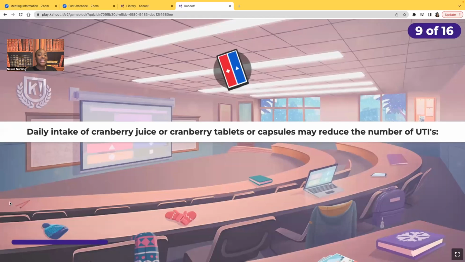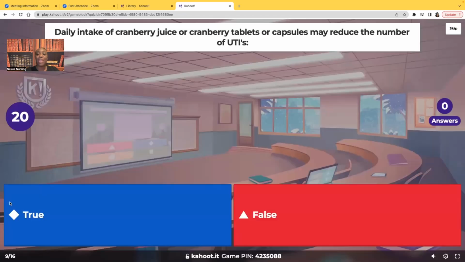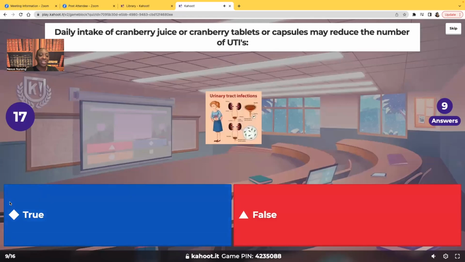True or false? Daily intake of cranberry juice or cranberry tablets or capsules may reduce the number of UTIs. Is this true or is it false? And I already gave you guys the answer. So what do you say?